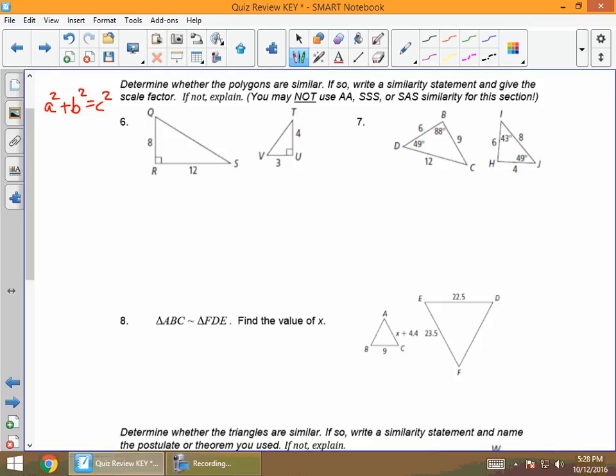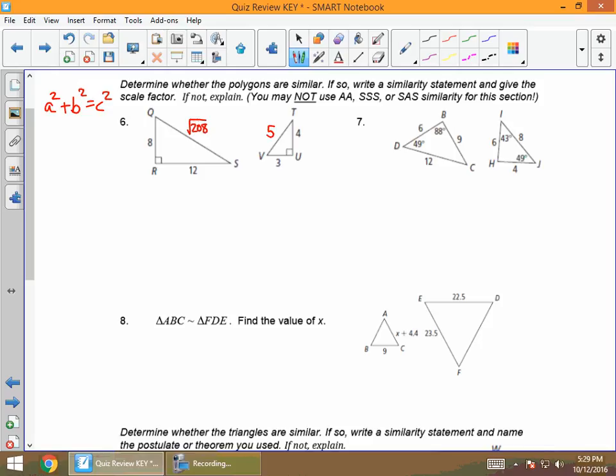And the square root of 208 is not a real nice number. So I'm just going to leave that as the square root of 208. And on the other one, 3 squared is 9, plus 4 squared is 16. Add them together, it's 25. The square root of 25 is 5.